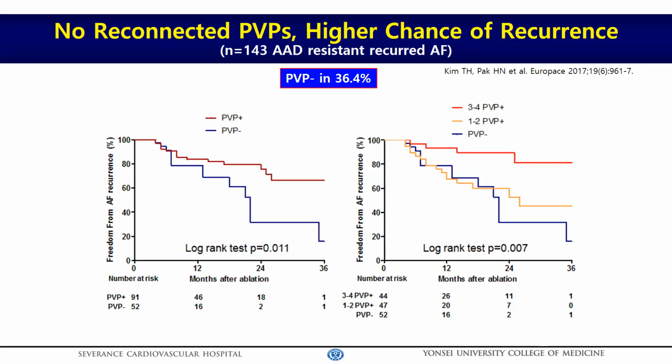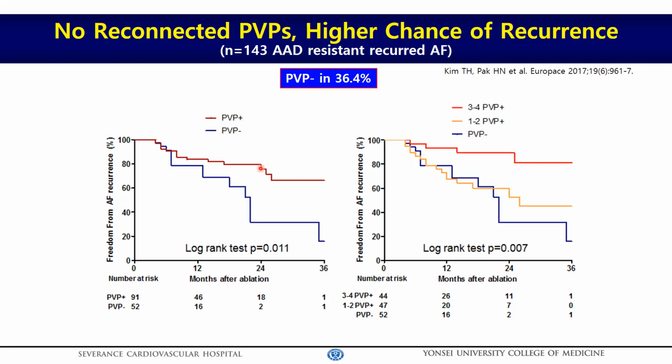Does the number of reconnected PV potentials affect the outcome of the second procedure? The answer is yes. Kim Tae-won compared the number of PV reconnections and the redo outcome. In this study, 37% of patients remained PV isolated, so no PV reconnection at all at the repeat procedure in spite of a recurrence.